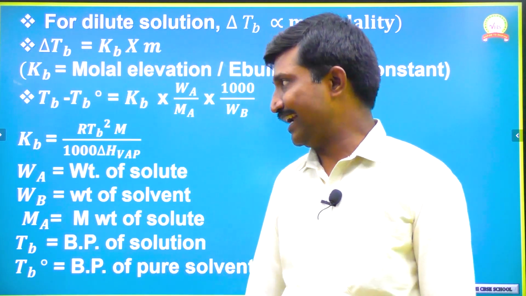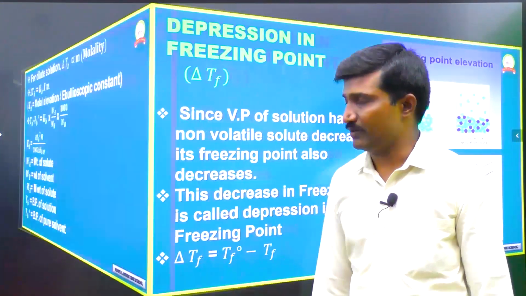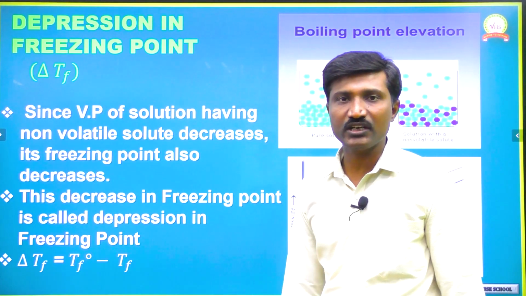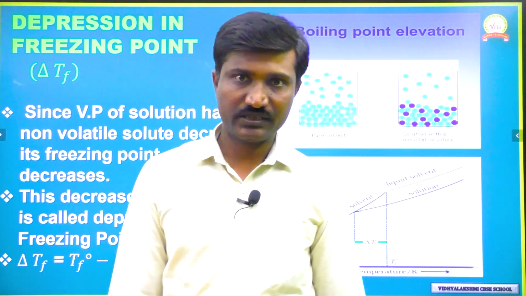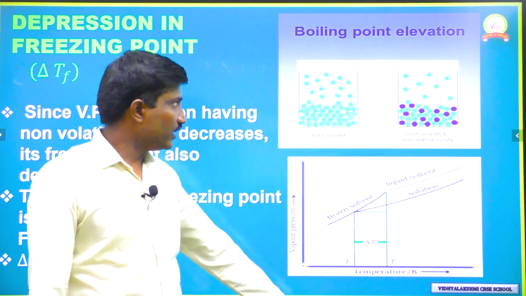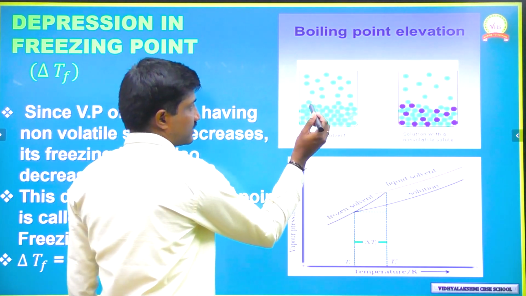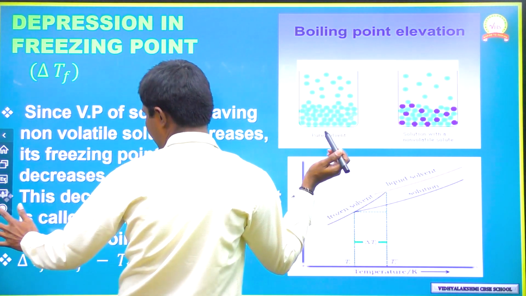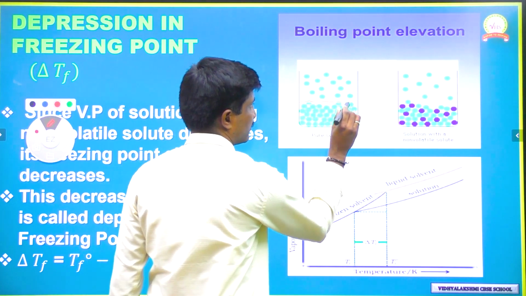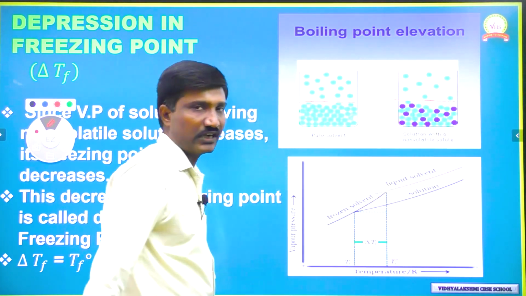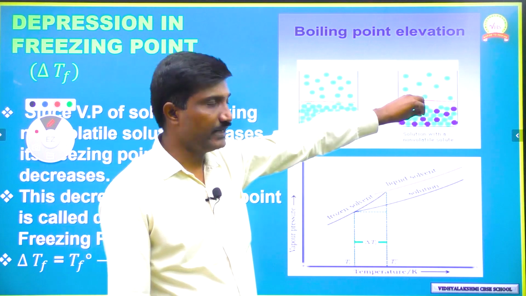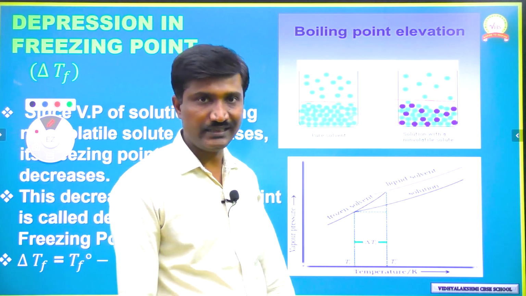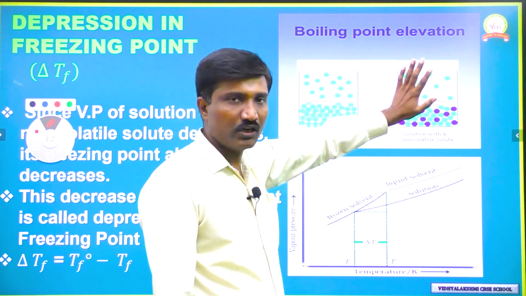Now let us talk about the third colligative property, that is depression in freezing point. Here once again we take the same example we discussed in the elevation in boiling point. This is pure solvent and this is solution. In this, solute and solvent both are occupying.